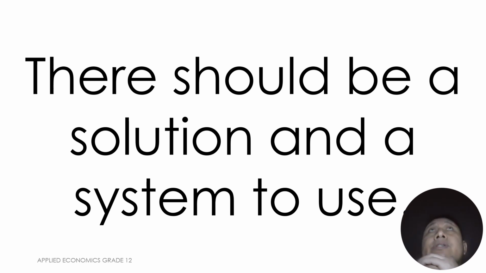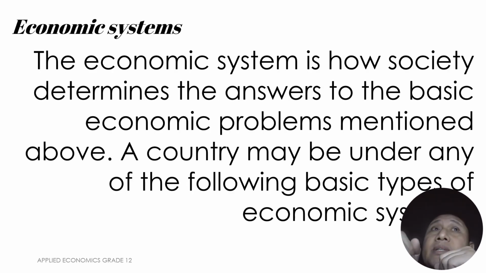Okay, now we understand the economic problems or things that you have to consider in providing the needs. What to produce, how, and for whom. Pero ang tanong, paano natin gagawin ito? Kasi kailangan mayroong proseso. And this is what you call the system. The economic system is how society determines the answers to the basic economic problems mentioned above, the three. A country may be under any of the following basic types of economic system.